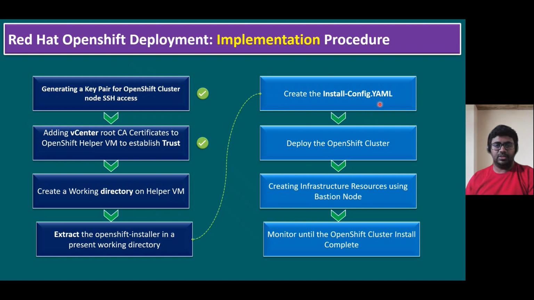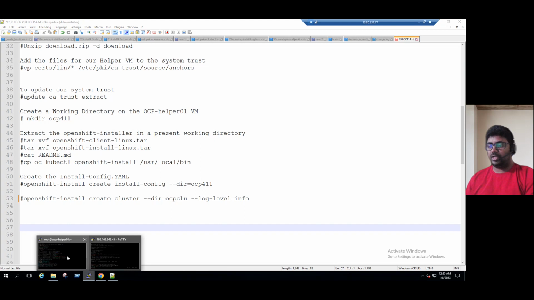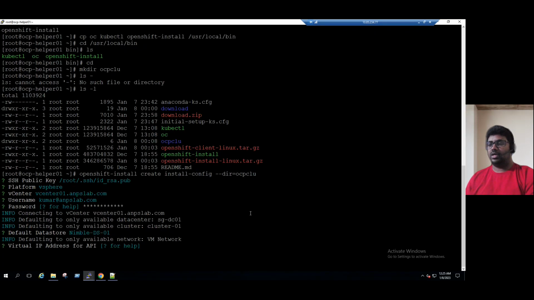So let me log into our lab system and connect to the OCP command line. When we connect to the OCP helper VM using an SSH session, the command is: openshift-install create install-config --dir OCP CLU.